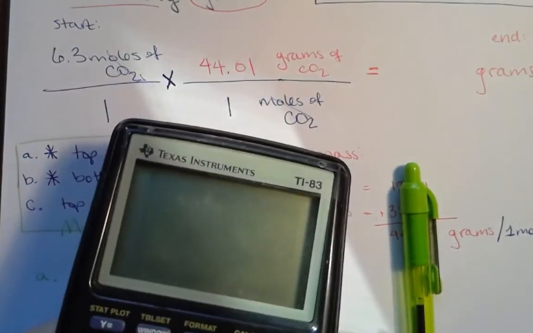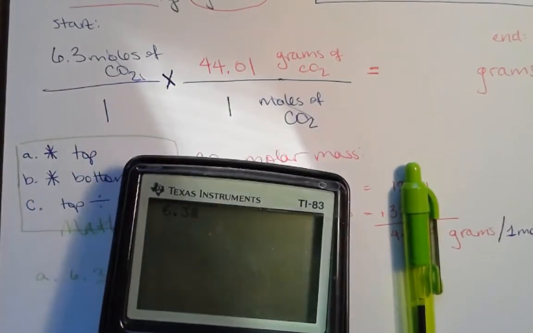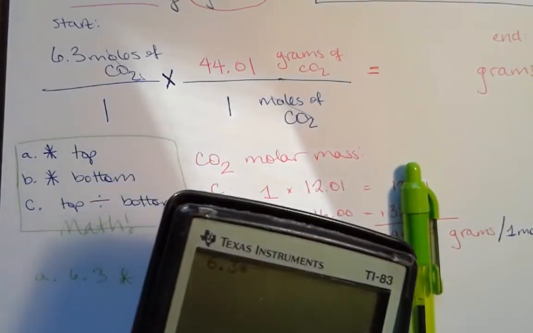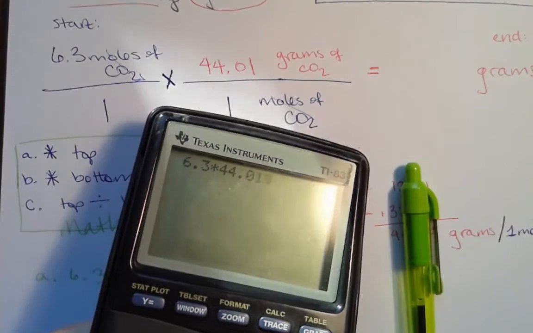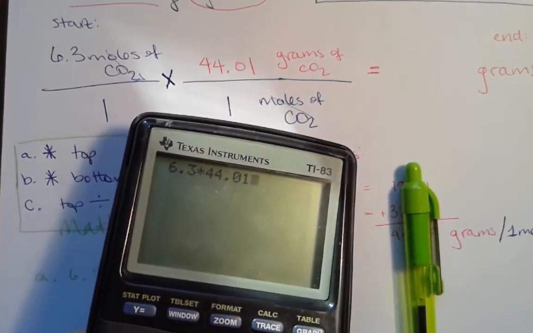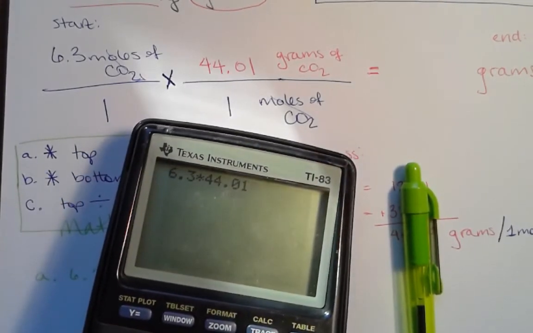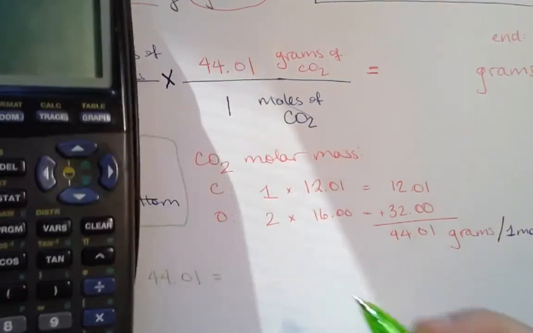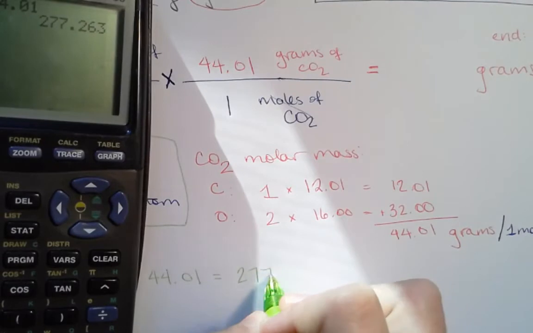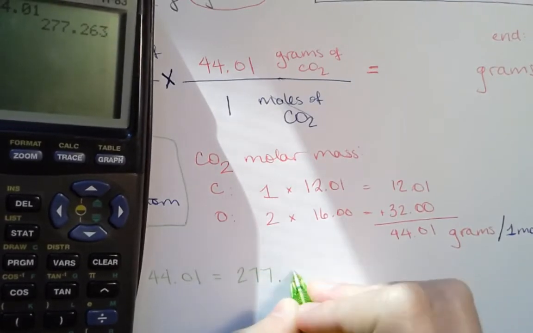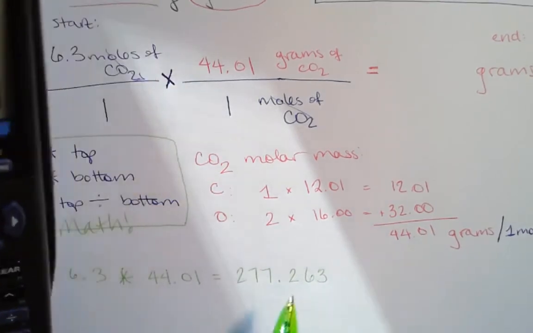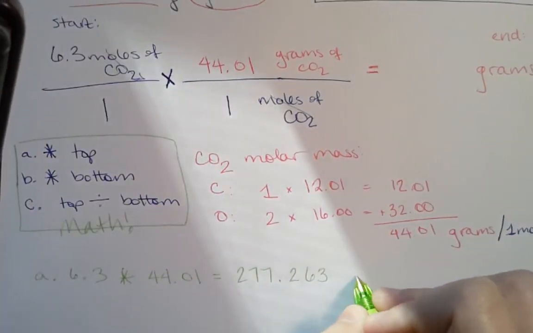So we've got 6.3 times 44.01. Those are the numbers from the top, and I'm multiplying them together. That gives me 277.263. Okay, so those are my numbers on top. That's the top.